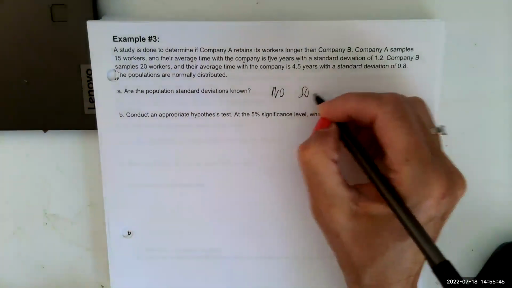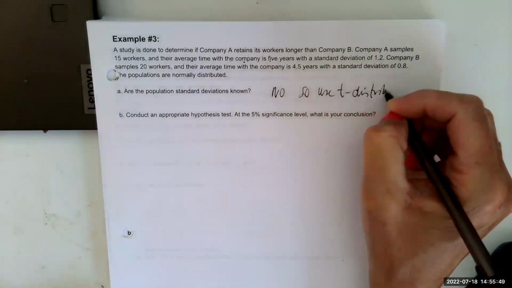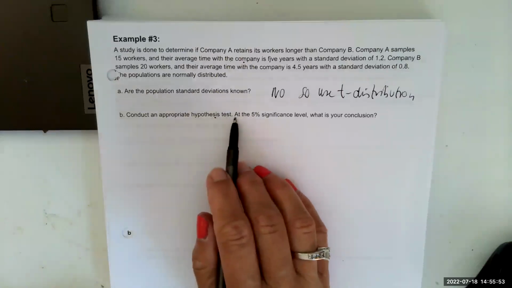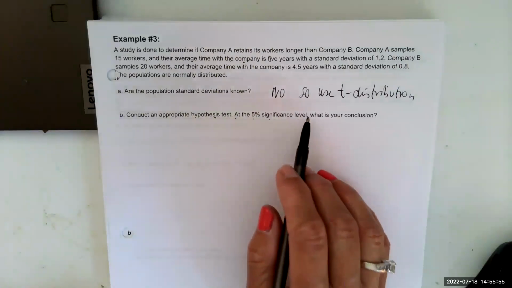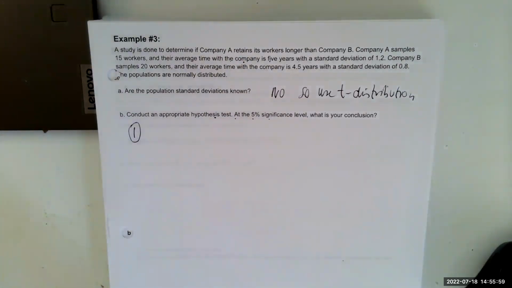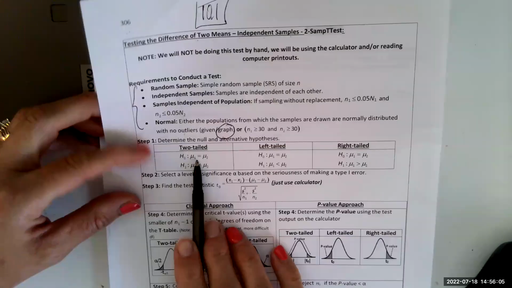So that means we're going to use the T distribution. Conduct an appropriate hypothesis test at the 5% level of significance. What is your conclusion? So our first thing, we're going to use our guide from our page in our formula packet, is stating the hypothesis test.